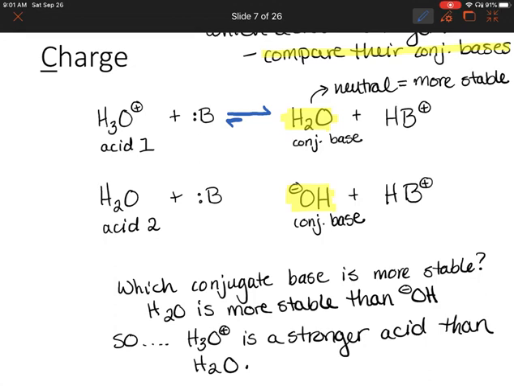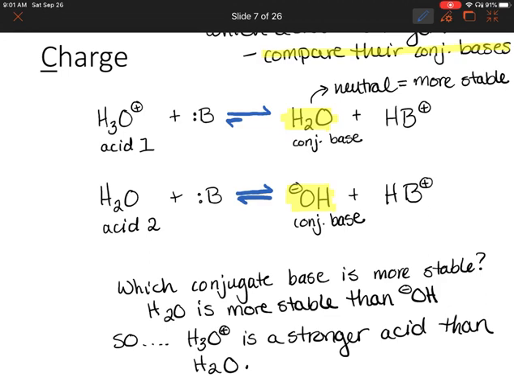But then if we look down below at water, or acid 2, its conjugate base has a charge, so it's going to react more easily. So that means that there's probably more of an equal equilibrium here, if that makes sense.